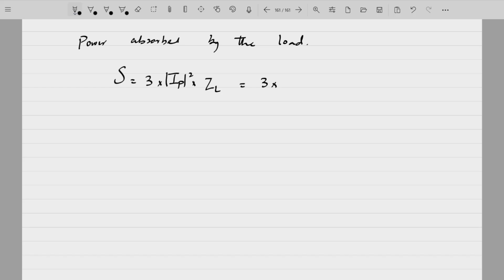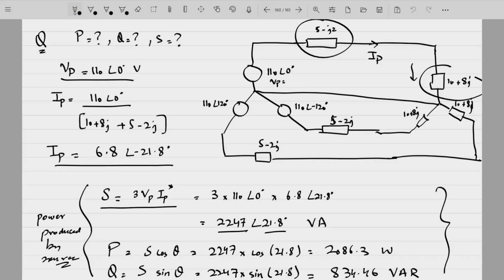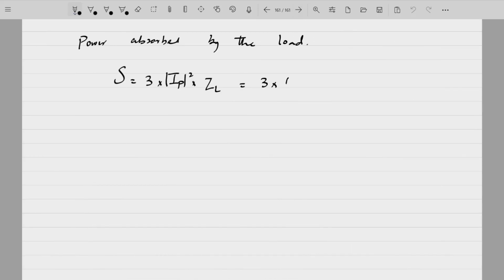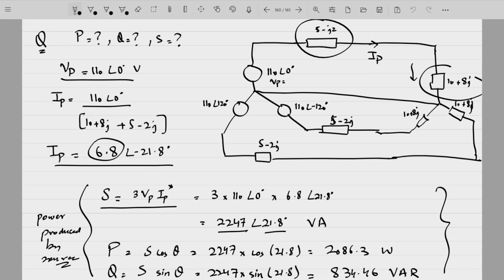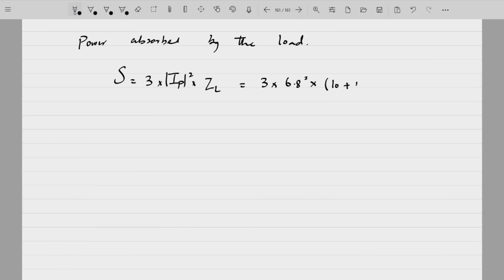So 3 into the magnitude of IP, which here is 6.8, square into ZL. ZL is 10 plus 8J. So this is equal to 3 into 6.8 square into 10 plus 8J.